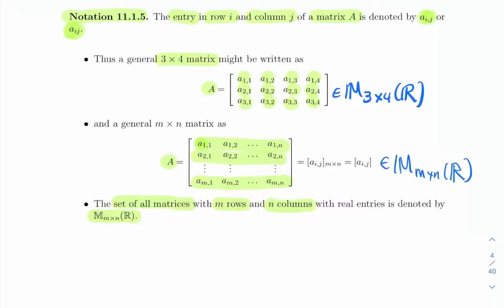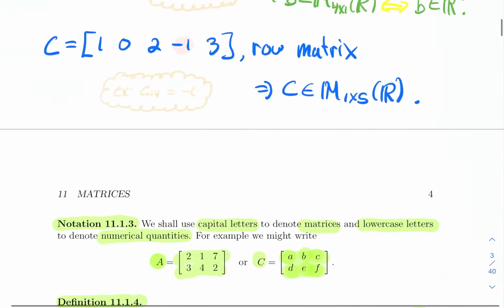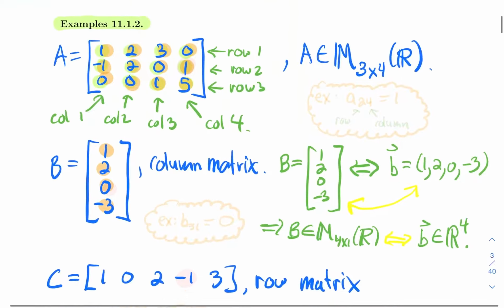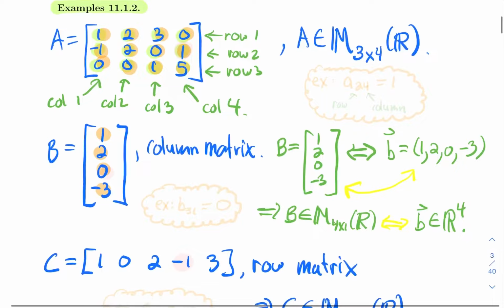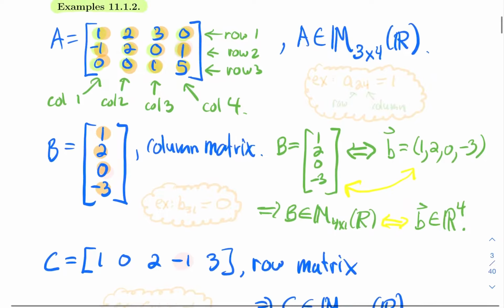Since we are talking about entries, let's go back to the previous page and extract some of those entries with that notation. Going back to example 11.1.2, if we look at the matrix A, and suppose I'm asking you what is the entry on the second row and fourth column. So suppose I am asking for A24.